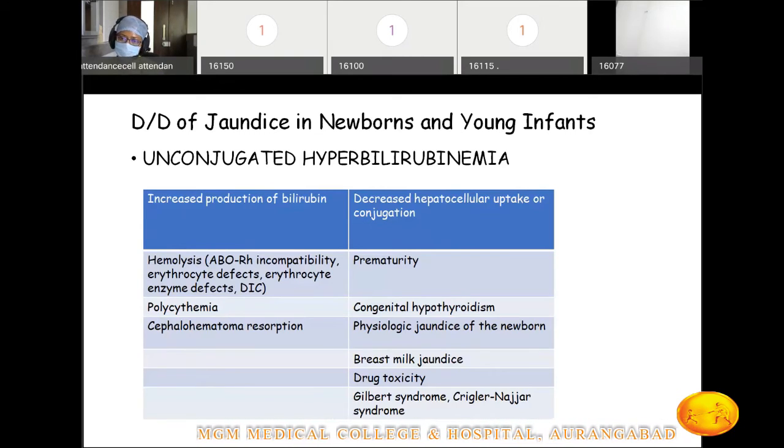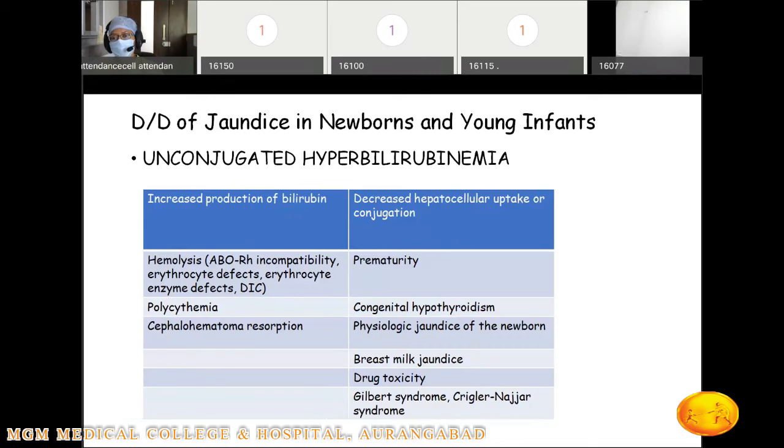We should never forget anyone having hyperbilirubinemia, particularly beyond 2 weeks. A newborn baby who is having jaundice beyond 2 weeks, or if you're keeping track of the baby and it's an otherwise healthy baby, you can wait up to 3 weeks. But anyone having persistent indirect hyperbilirubinemia beyond that, you would definitely want to rule out congenital hypothyroidism, because it's a treatable condition and it can have a severe sequela in the form of mental retardation.